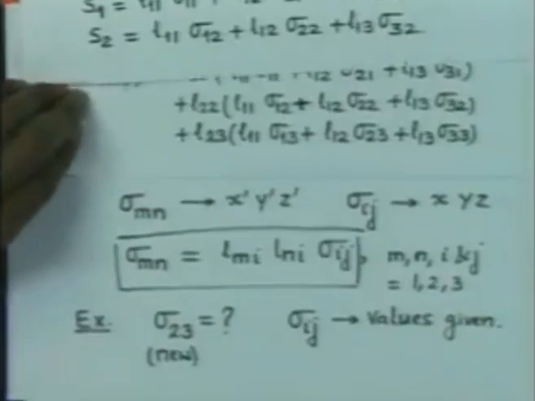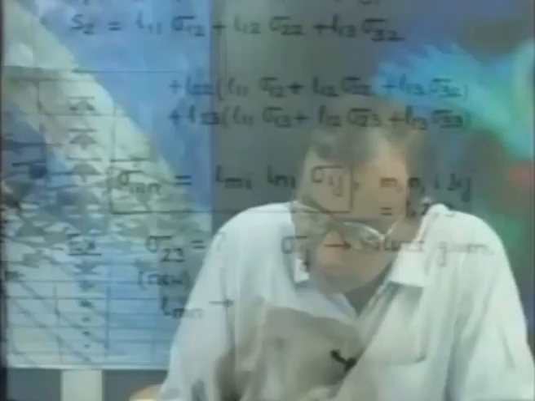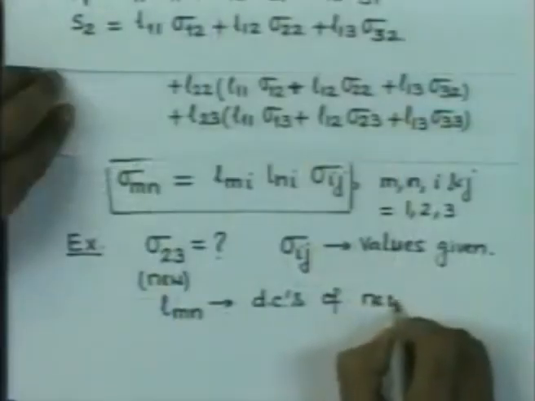Again we will make use of the fact that the new set has the direction cosines given by L Mn, the direction cosines of the new set.